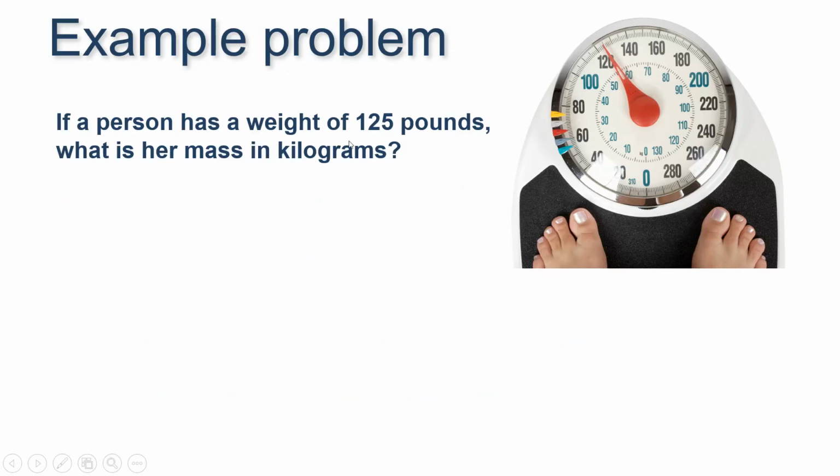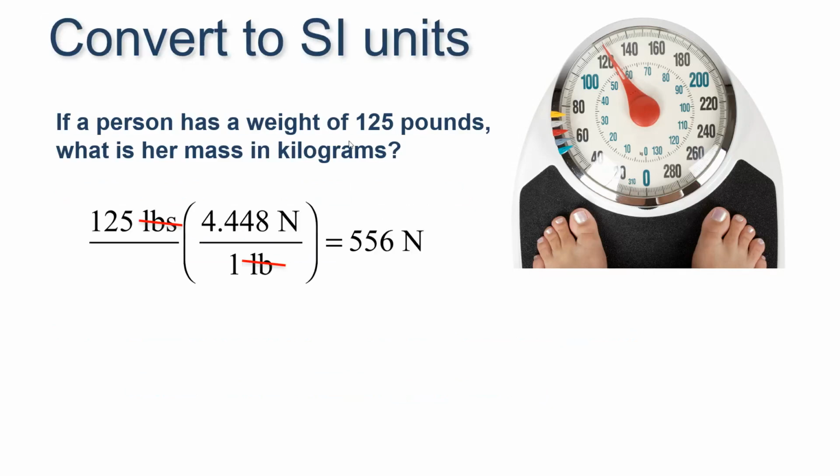So if a person weighs 125 pounds, what is her mass in kilograms? Well, that's how much she would weigh in newtons, right? So we convert the 125 pounds, because there's 4.448, forgot a 4, newtons in 1 pound.